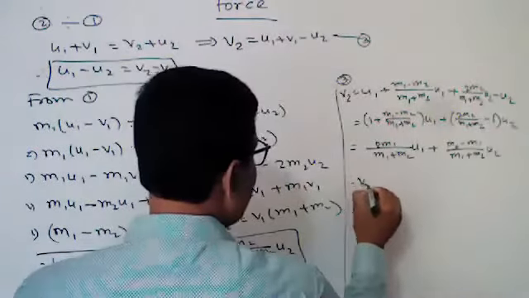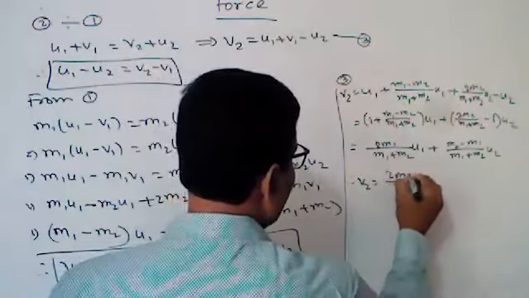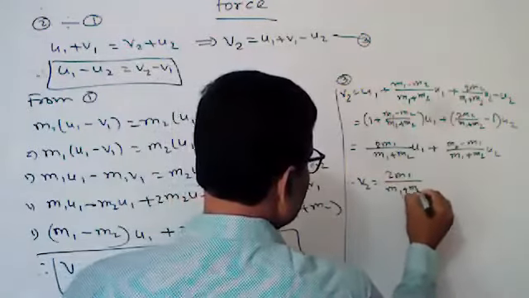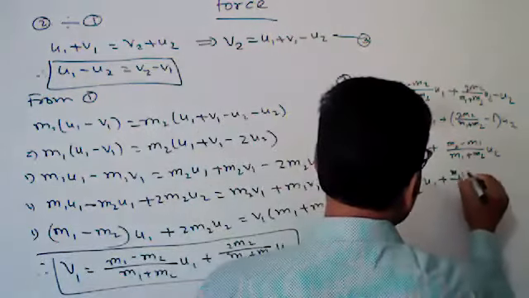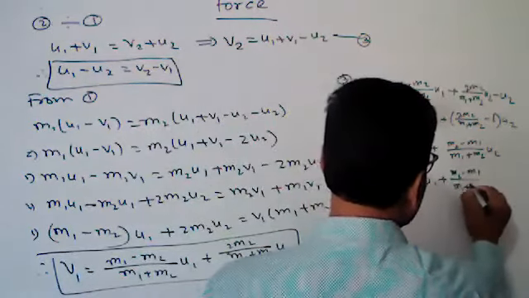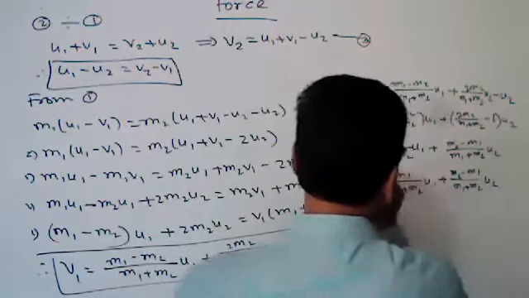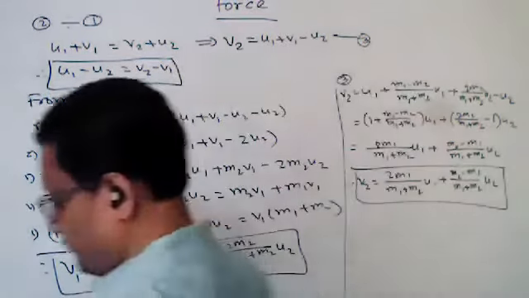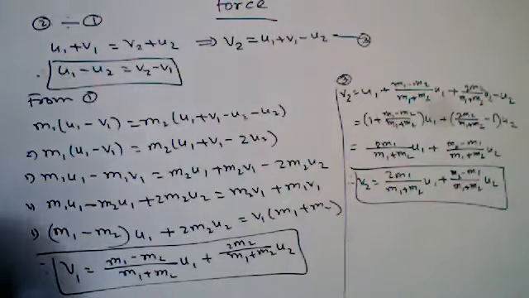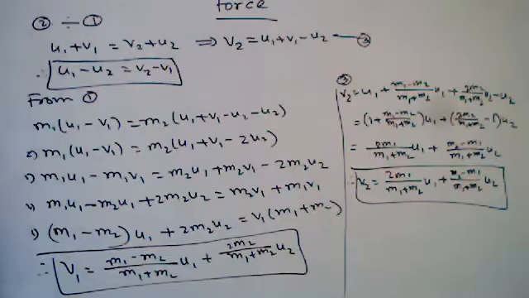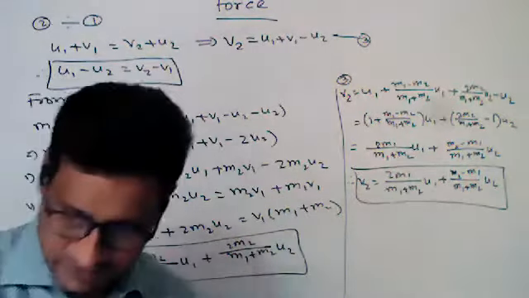So v2 will be 2m1 by m1 plus m2 into u1 plus m2 minus m1 by m1 plus m2 into u2. This is the equation of the velocity of the second object after collision. You have to remember this box, and this box.